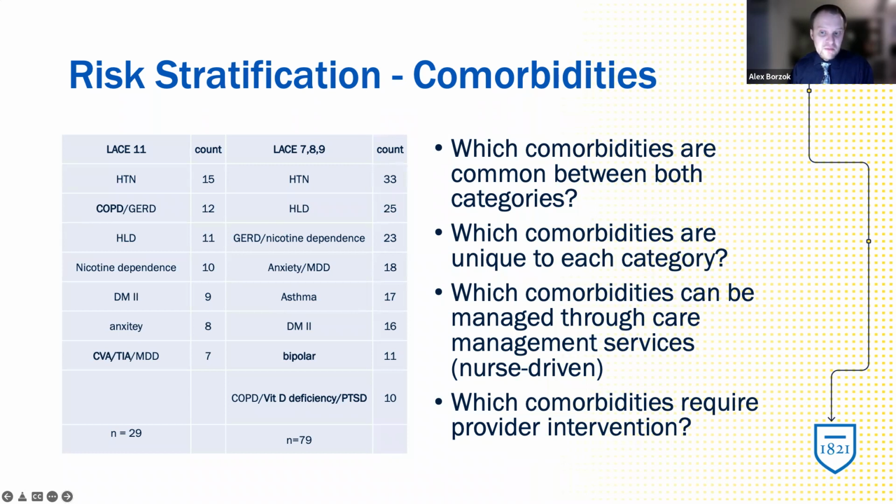Can these be managed through care management services, or can these be nurse-driven interventions? Or which comorbidities that are most frequent need to be intervened with by a provider, whether they need additional outpatient testing, lab work, imaging, or they need provider referral to specialists, whether it be nephrology, neurology, pulmonology, whatever it needs for further workup or management.